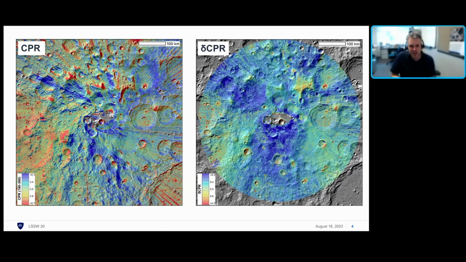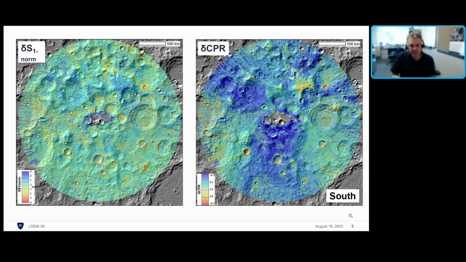So if you go to the next slide, I show delta S1 as well, and what we've been doing is trying to take these new products and use them for regional geologic characterization, and also for specific local scale analyses, which we'll talk about as we get towards the end of this presentation.